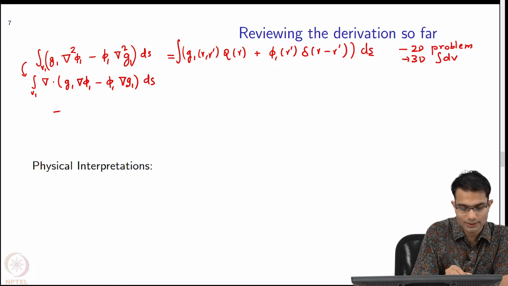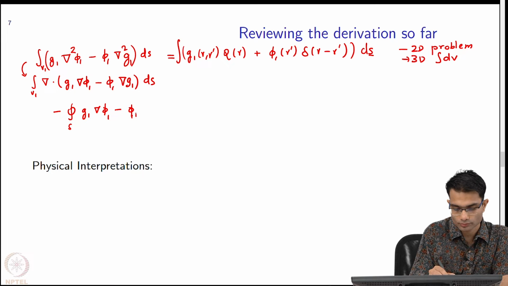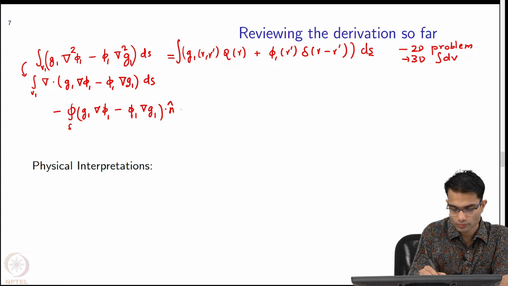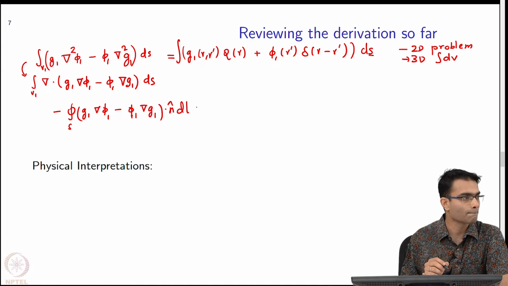So this became minus integral over S. Okay, so that was the left hand side.